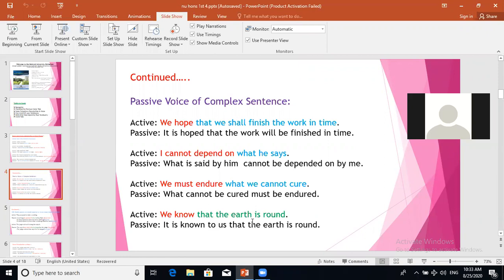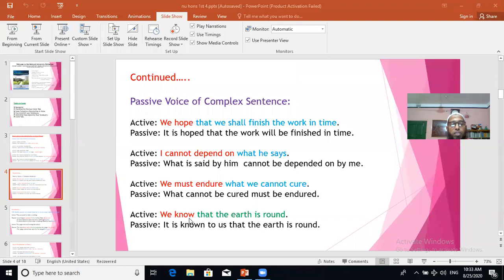Active: we know that the earth is round. Look at this sentence, it's a bit different. Though it's a complex sentence, look at this subordinate clause, the earth is round. In this subordinate clause, the verb is intransitive, you know. So an intransitive verb has no voice change. That's why this part would remain unchanged in passive voice.